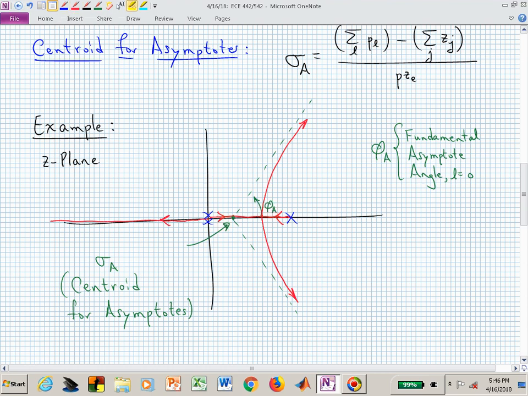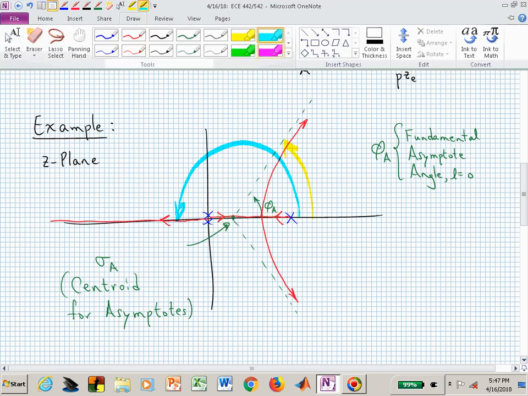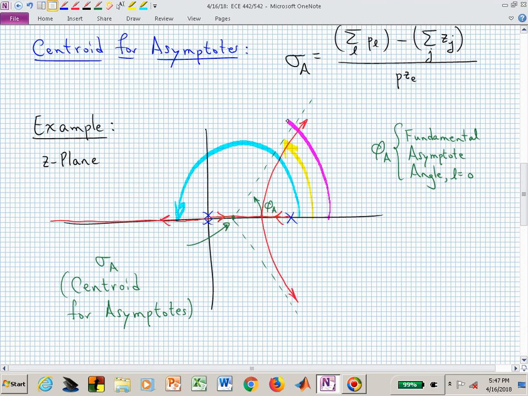So now the question, I'm trying to get a question out of that comment. So we calculated 3 angles, didn't we? So here is one angle. A second angle is this angle. There's an asymptote. And the third angle is there. Those angles are then 60 degrees, 180 degrees, and 300 degrees, where 300 is minus 60.